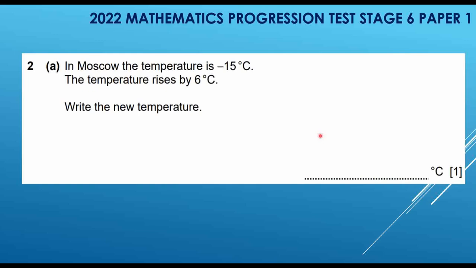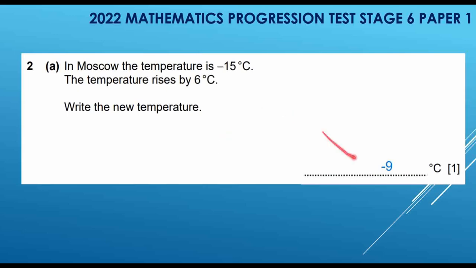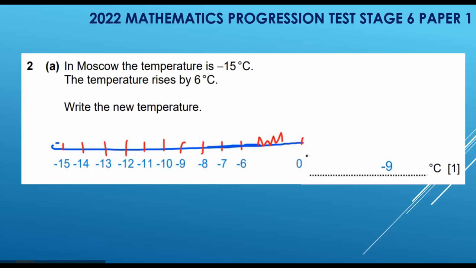The answer is negative 9. If you need the explanation, here it is. We have negative 15 degrees Celsius, and it rises by 6. It means we have to move the number to the right 6 steps.